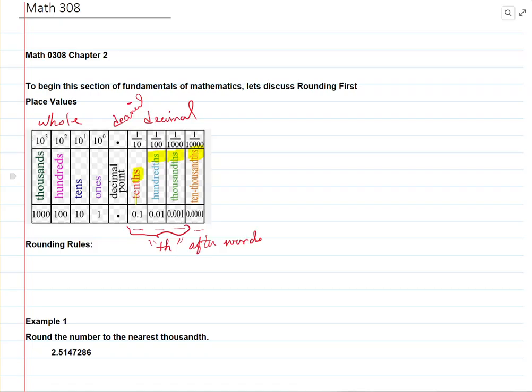In other words, we don't have ones, we have tenths, hundredths, thousandths, and ten-thousandths. And here we just have S after the word of the place value. And that's ones, tens, hundreds, and thousands.